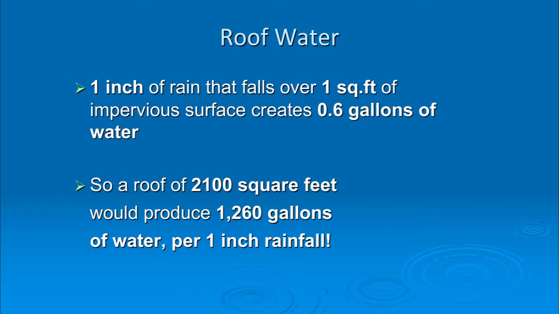Then we take that 2,100 square foot rooftop area, multiply that by 0.6 gallons, and we get 1,260 gallons of water per 1-inch rainfall. So even if it's a 1/2-inch rainfall, we have 630 gallons, or a 1/4 inch, half of that, we're still talking about several hundred gallons per roof area for a 1/4 inch, 1/2 inch, or 1-inch rainstorm.